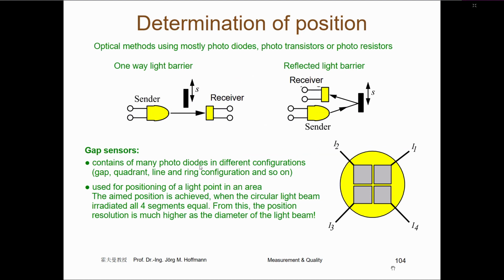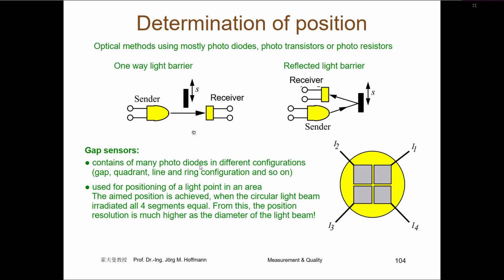Strongly connected to the distance measurement is also the position measurement. When you would like to measure the position of a body, for example when you have a material in a drilling machine and you would like to make an automated position determination so that you can drill it at the right point.